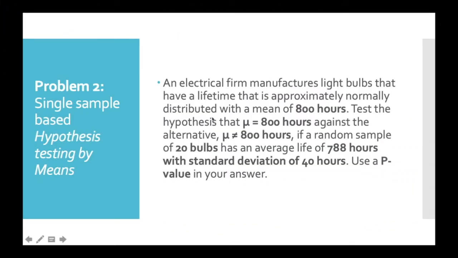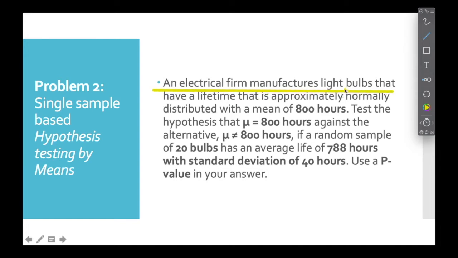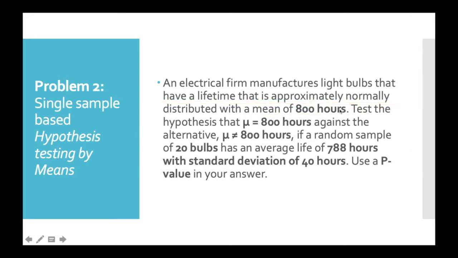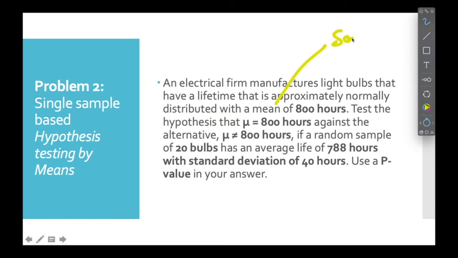So read the problem. An electric firm manufactures light bulbs that have a lifetime that is approximately normally distributed with the mean 800 hours. But the standard deviation is not given. For the source, standard deviation is not known, unknown.